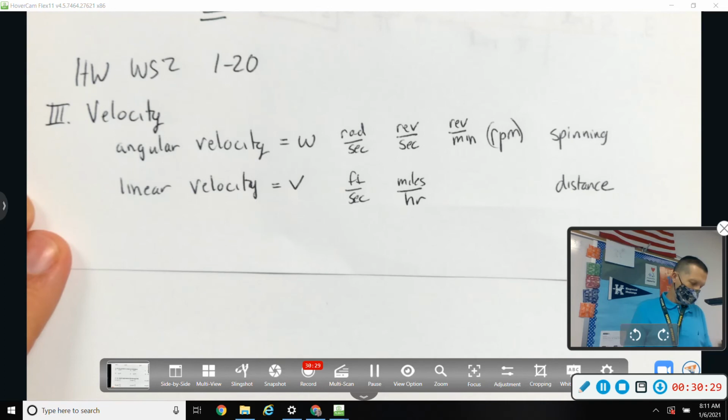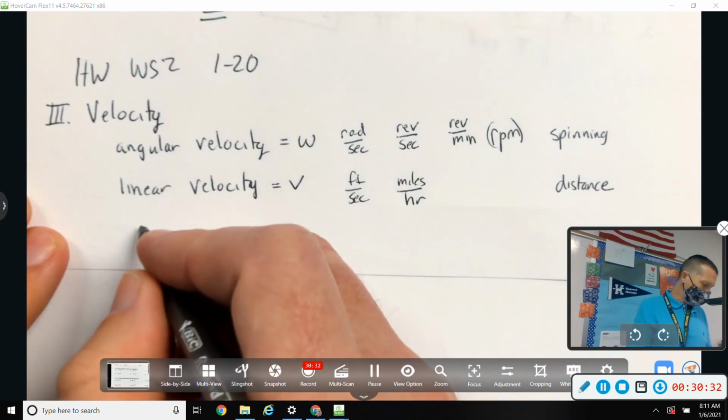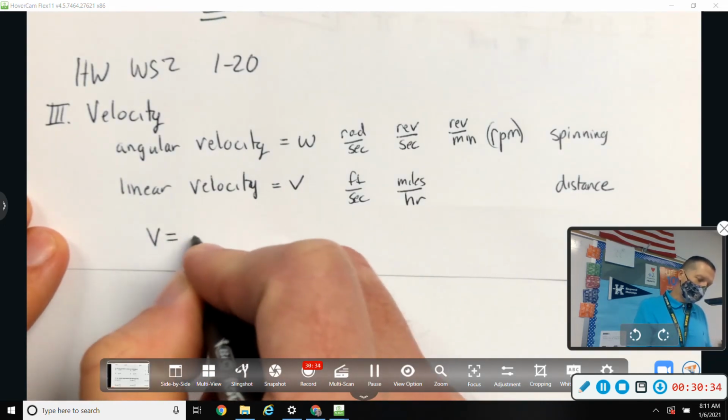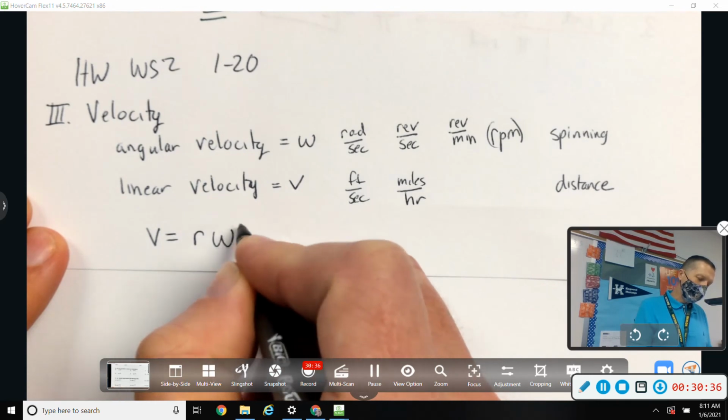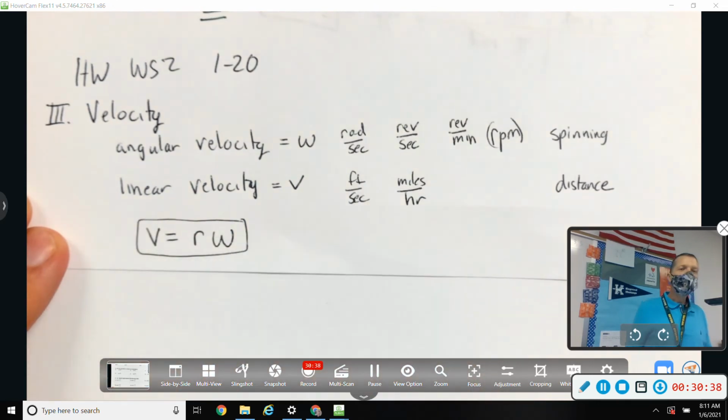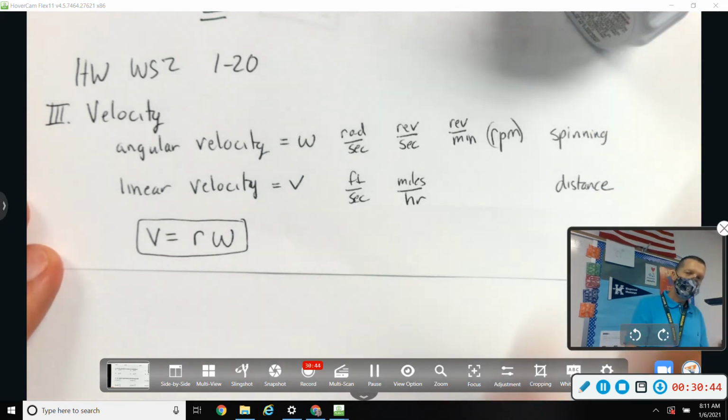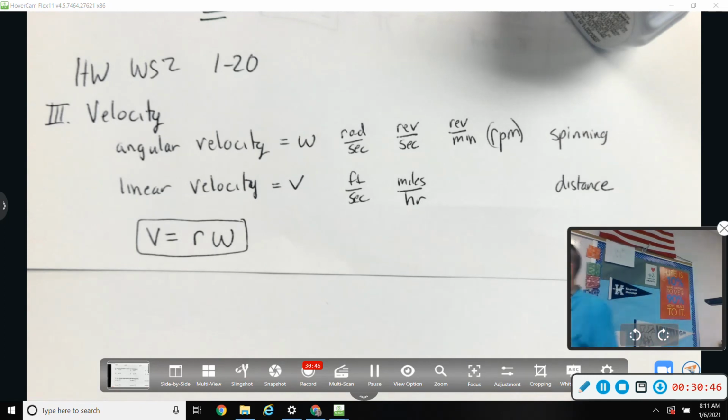And tomorrow, we'll look a little bit more at how they are related to each other. So there's the preview for tomorrow. If you know how fast it's spinning, you multiply by the radius, and you get how fast it's going. I think that makes sense, because the bigger the radius, the faster it goes, right?